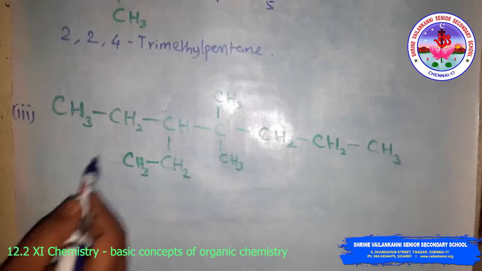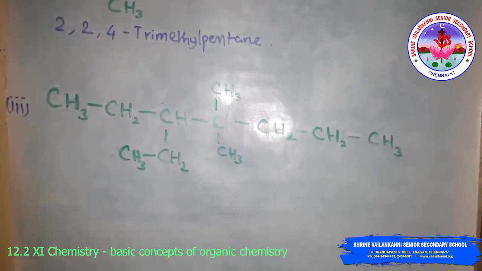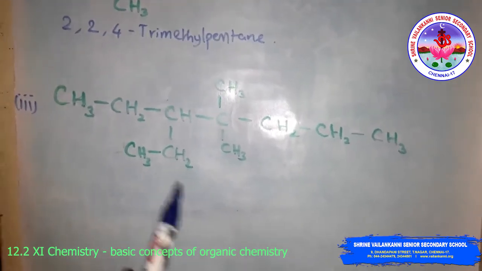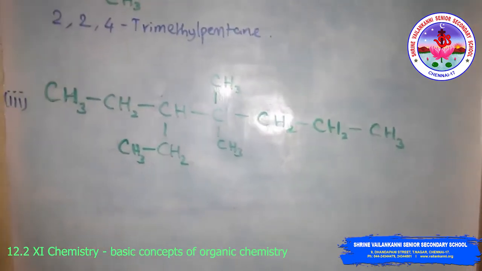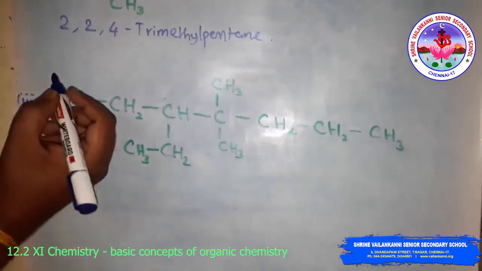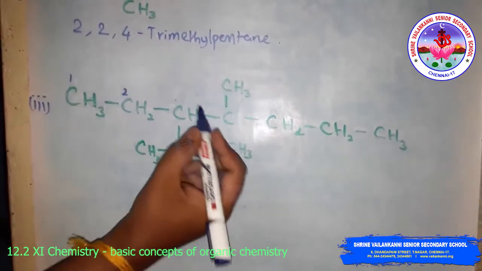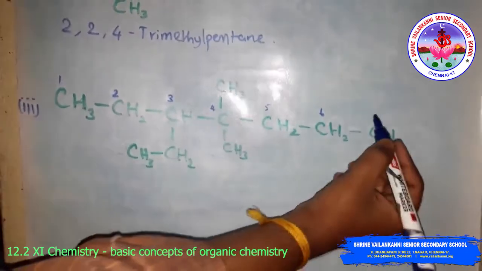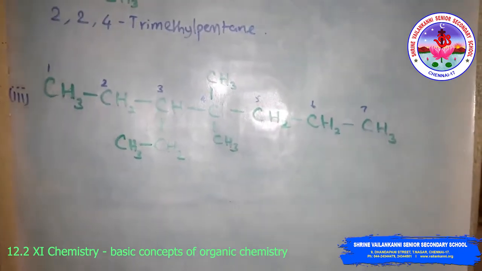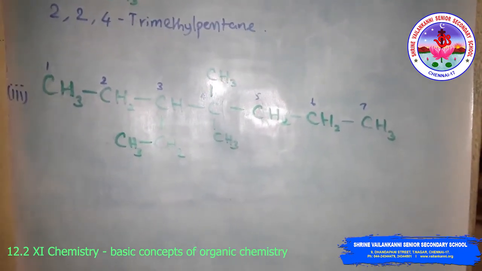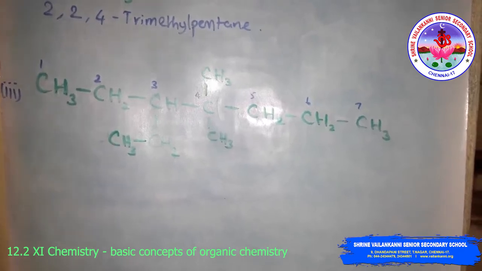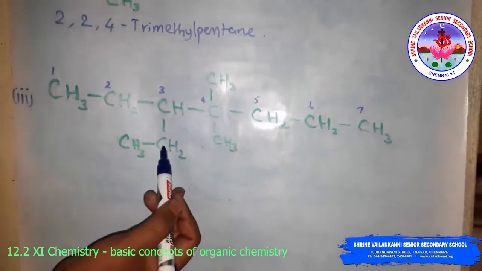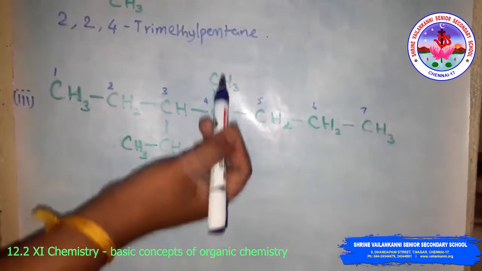So here the third carbon has one branch, and the fourth carbon also has branching. So give the numbering 1 2 3 4 5 6 7. So 7 carbon atoms means hept. Our parent chain is heptane, simply hept. Then the third position has one branch, the fourth position has 2 branches.